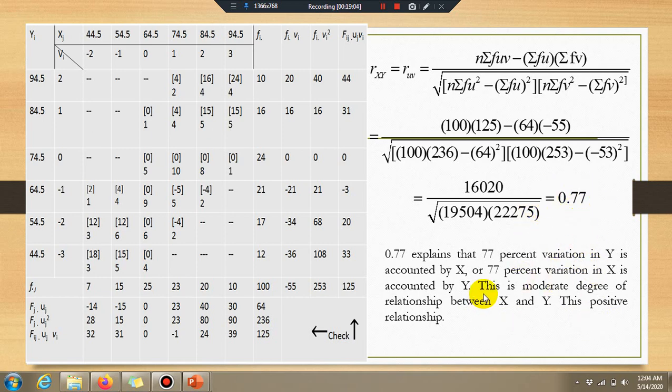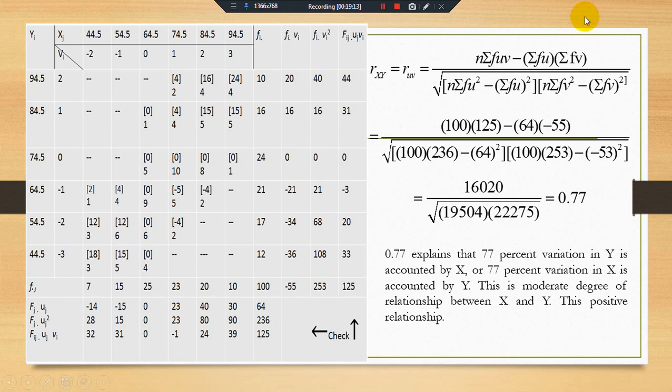So keep in mind that through the simple correlation methodology we also learn that there is no concept of independent and dependent variables in correlation results.